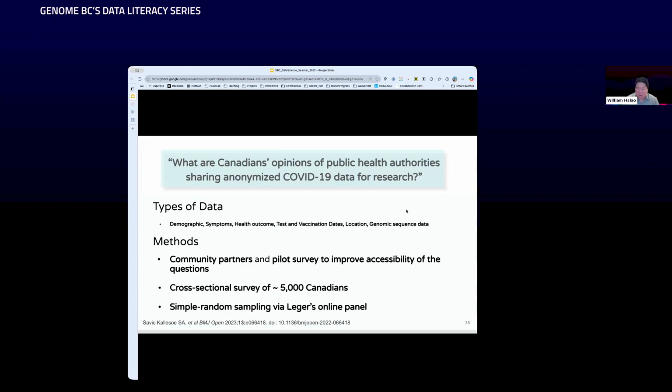So these are data collected through public health, through the healthcare system, but are they willing to have that data be available for research? And the key is that these data are collected without consent.